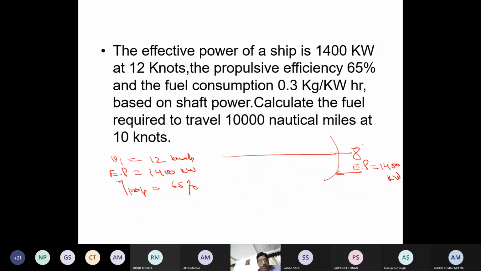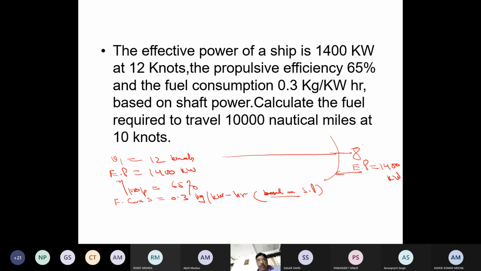And fuel consumption is equal to 0.3 kg per kilowatt hour based on shaft power. इसका मतलब यह है कि it is based on this calculation of 0.3 kg per kilowatt. This kilowatt is shaft power. उस बेस पे है ये.